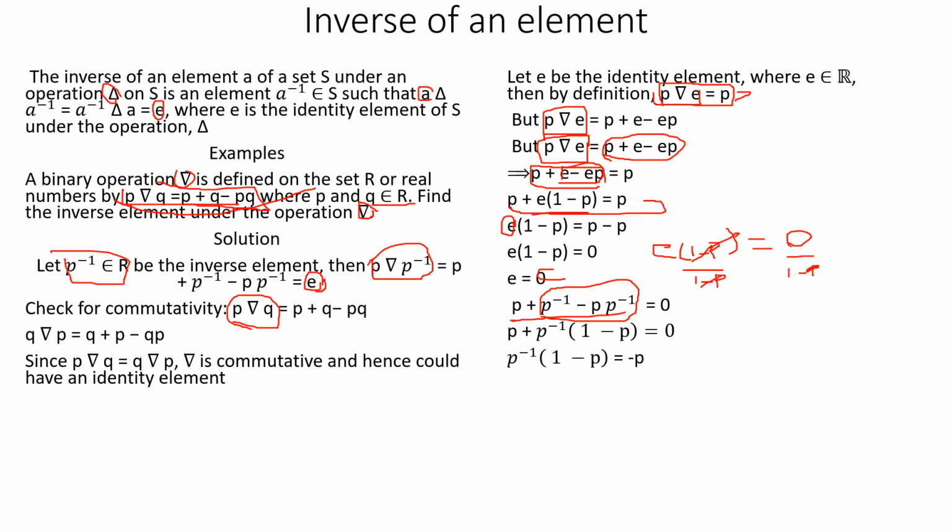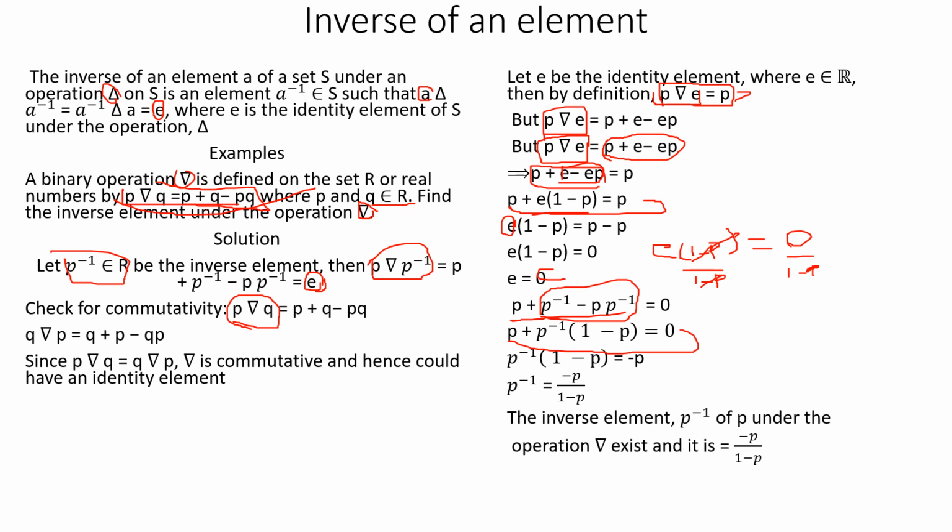When we factor it out, we bring this P to the right hand side of the equation, making it negative P. Then we make P inverse the subject by dividing both sides by 1 minus P, and we have P inverse equal to negative P over 1 minus P. So the inverse element of the binary operation is negative P over 1 minus P.